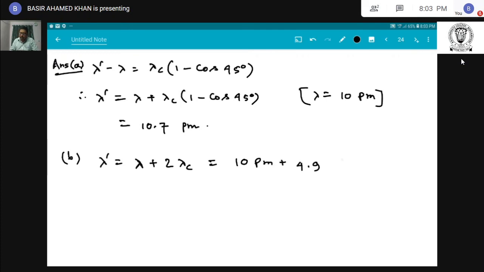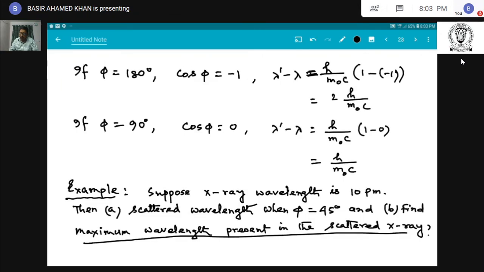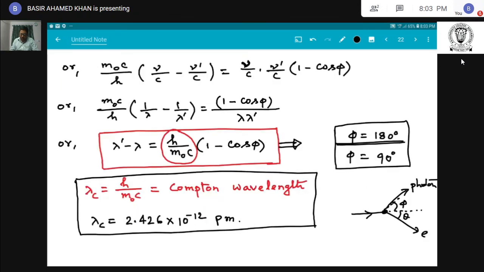Already I know lambda c equals 2.426 into 10 to the minus 12; sorry, this is not picometer, I made a mistake here, this is meter.